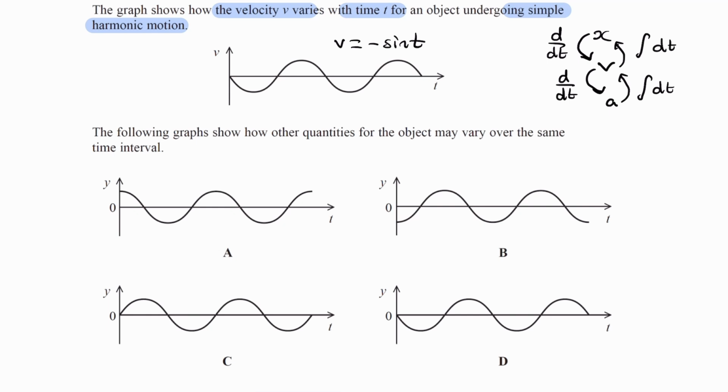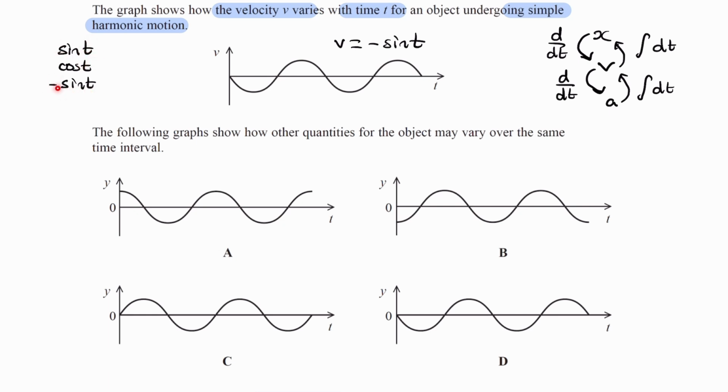So we have sine, cos, minus cos graphs here. So we then need to know how to differentiate and integrate sine and cos. Let's start with sine. If we have a sine graph, that differentiates to make cos. Cos then differentiates to make minus sine. We have sine here. Sine differentiates to make cos.